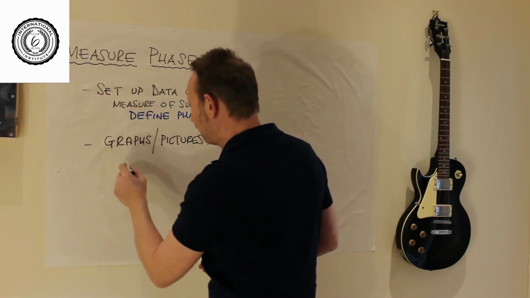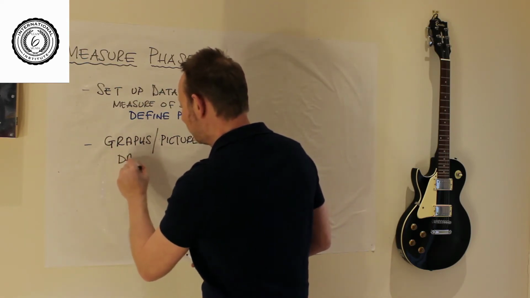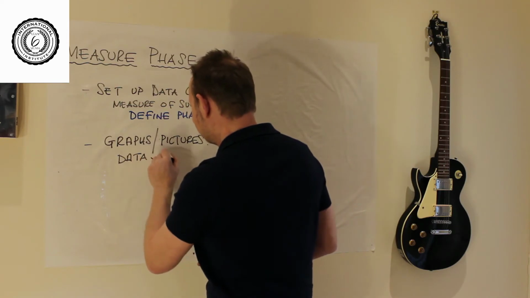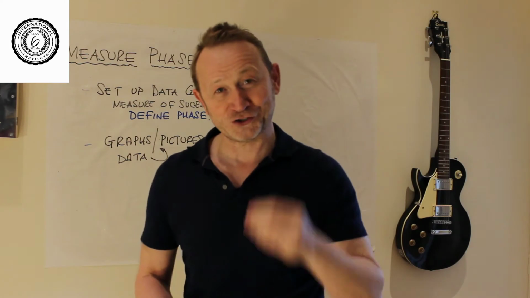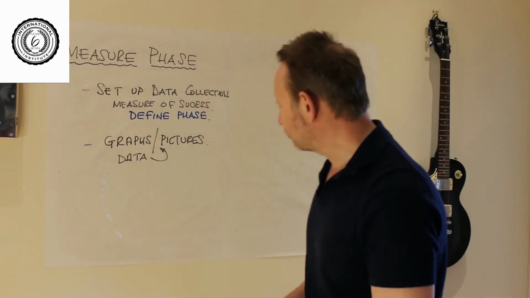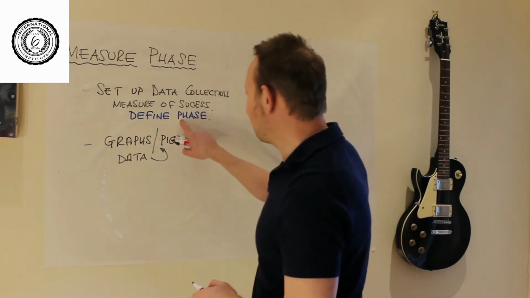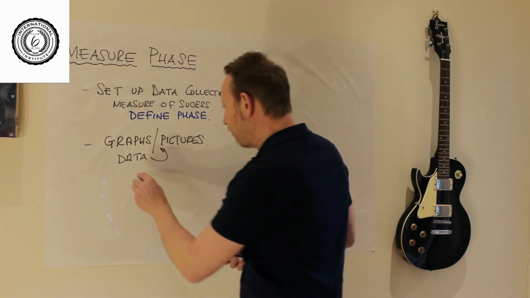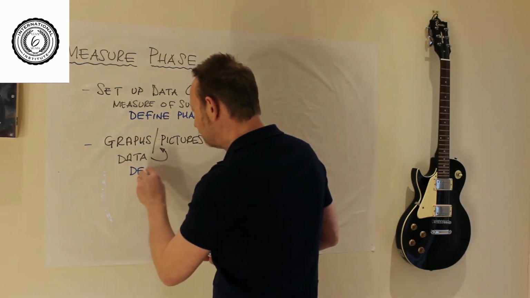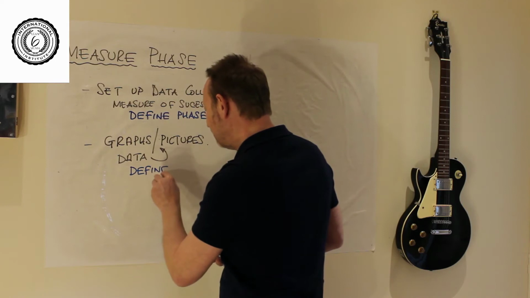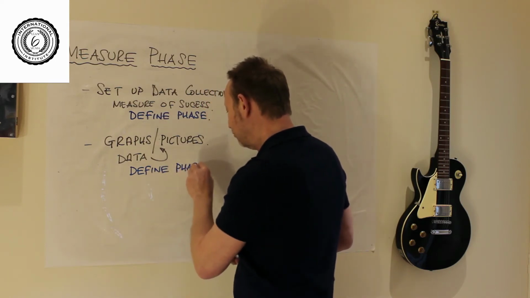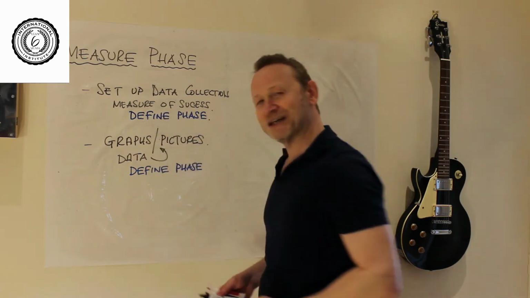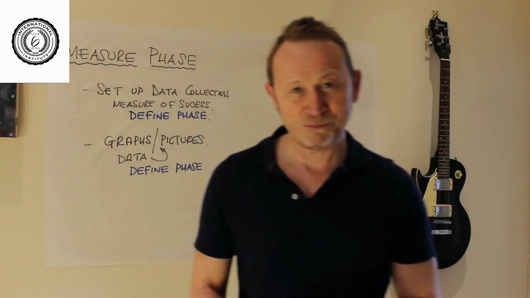What you might have currently is just data, and what we want to do is turn this into pictures. Let's make it visual so we can see what's going on. Again, this may have happened in the define phase, because you want to see whether you have a problem with signal or noise. The only way to see that is with some pictures.